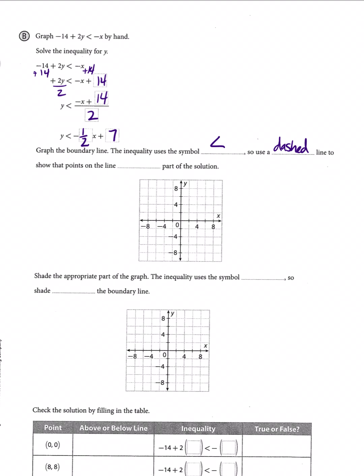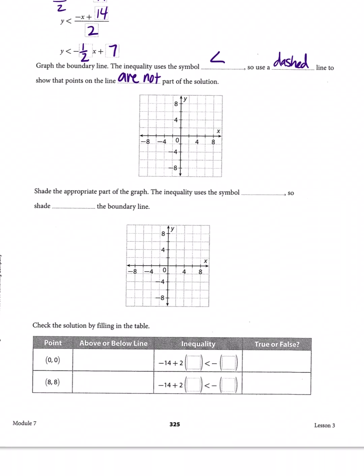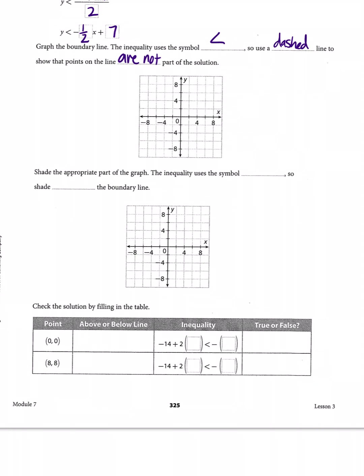And show that the points on the line are or are not part of the solution. So if it was one of these, the points on the line are part of the solution, but if it's one of those, they are not. So now we need to graph it.